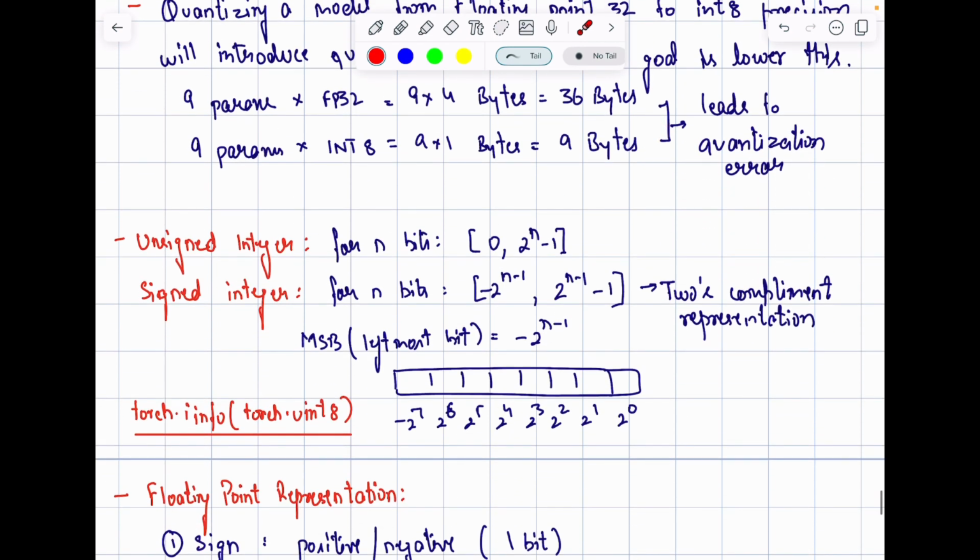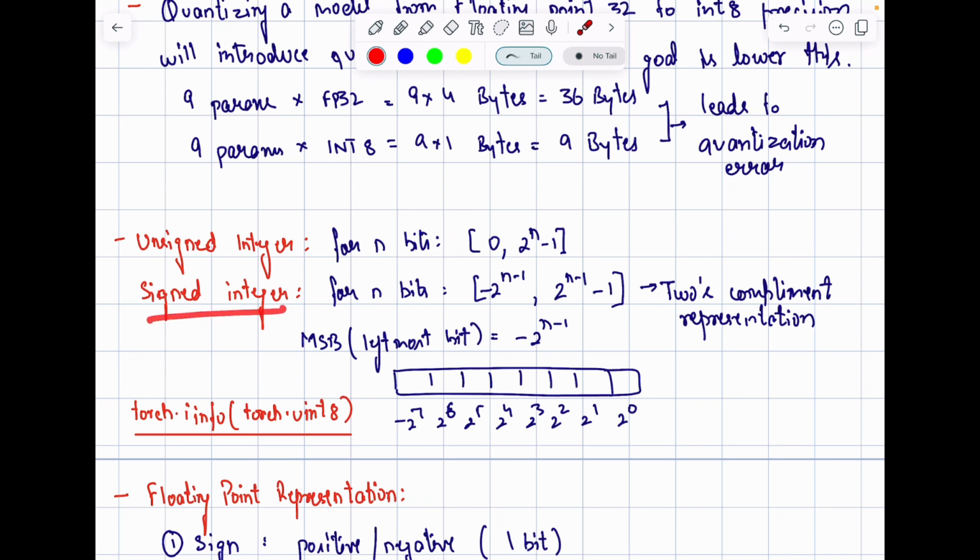Okay, so now let's see what are the various data types available in PyTorch. For example, in general there is unsigned integer. For n bits, you can represent 0 to 2 raised to power n minus 1 numbers, right? And this is some very basic fundamental, like computer science 101, or probably lower than that also.